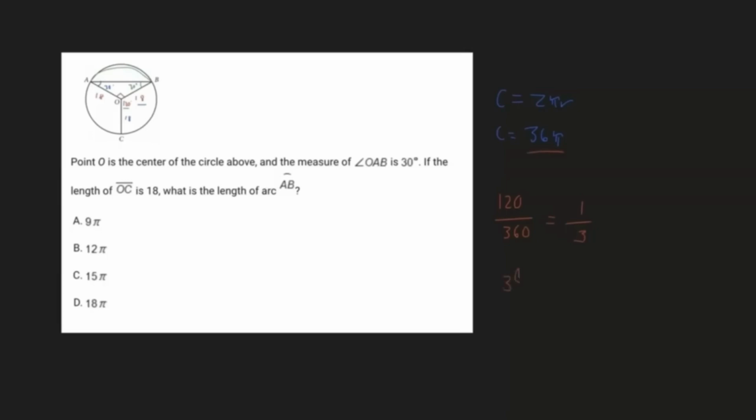So let's just divide this by 3, because we know that this angle represents 1/3 of it. And so we can just do 36 over 3, which is 12, and keep the pi, so we don't have to simplify it completely. And so our final answer here is 12 pi, and it does match up with answer choice B, and therefore that is our answer.